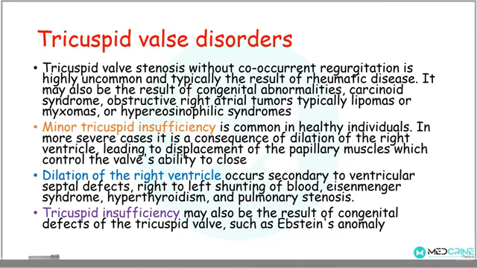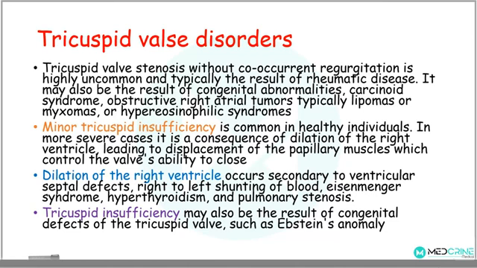A minor tricuspid insufficiency is a commonly occurring condition in healthy individuals, and in most severe cases, it is a consequence of dilation of the right ventricle, leading to the displacement of papillary muscles which control the valve's ability to close.